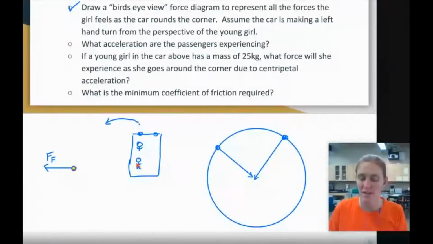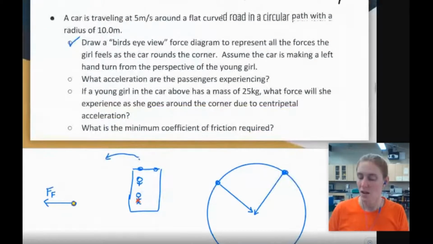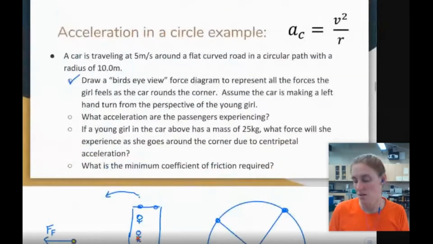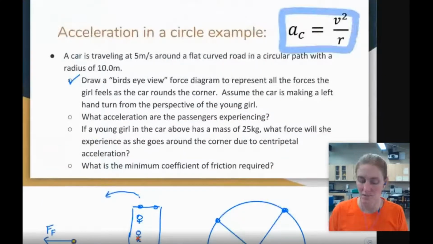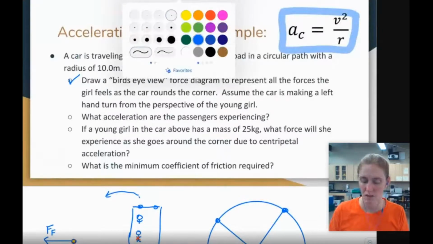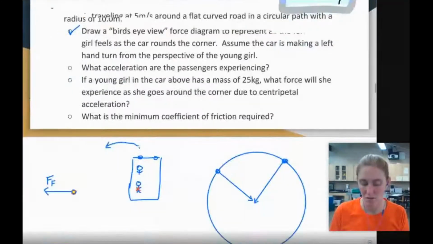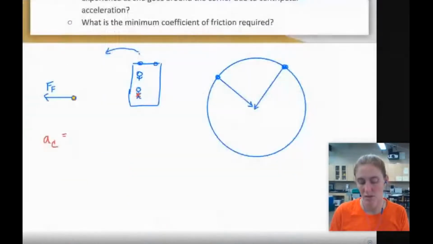Then it asks, what acceleration are the passengers experiencing? So I'm going to look at this equation here for acceleration. The acceleration to go in a circle, or my centripetal acceleration, is v squared over R. And I'm going to use capital R's because my lowercase r and my v look really similar.